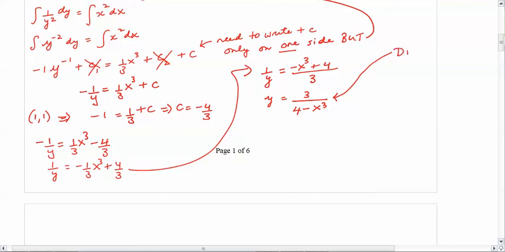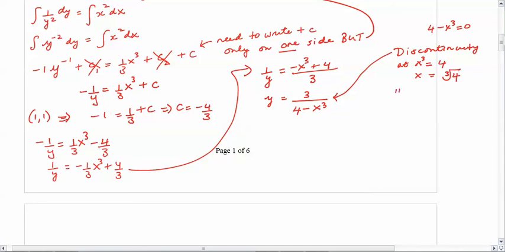So let's write this down. There's a discontinuity at x equals, it comes from 4 minus x cubed equals 0, x cubed equals 4, x equals the cube root of 4.